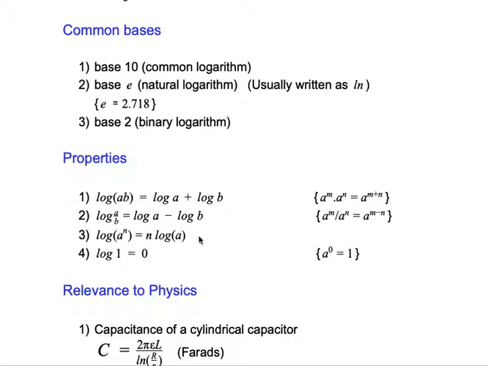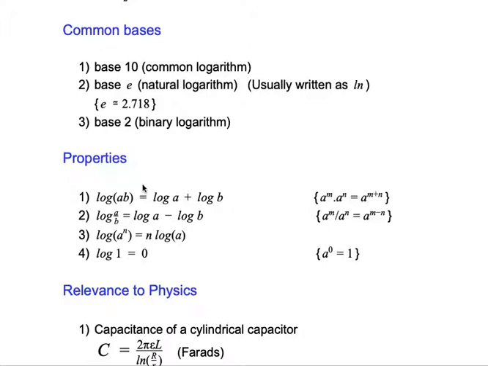The third is one of the most used properties: if in the argument you have an exponent, then that exponent comes out, which means log a power n will equal n times log a itself. Well, you can think of 3 as a special case of 1. Let's say, for example, take b also equal to a.